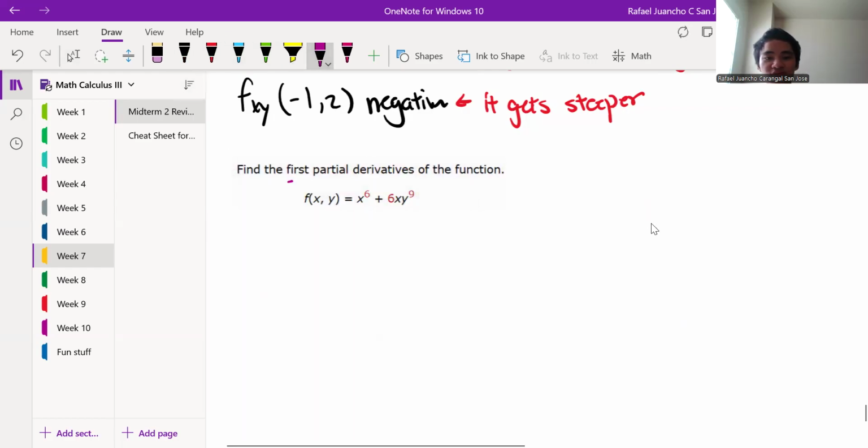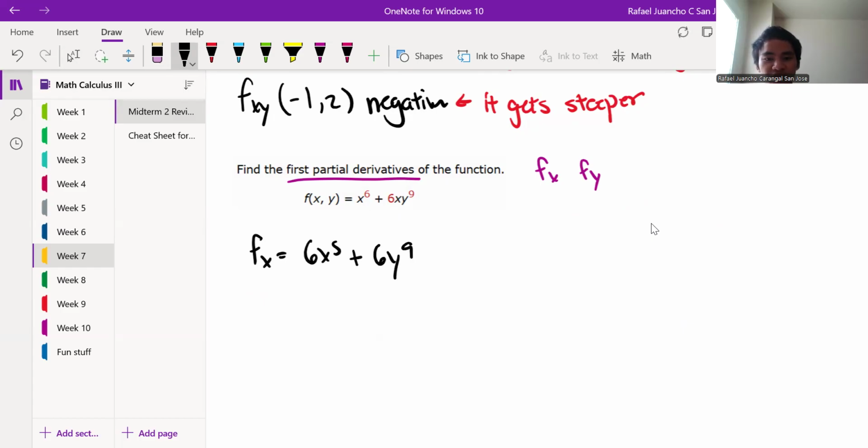So what this is saying is, it's basically f sub x and f sub y. So for f sub x, we're treating x as the variable. This becomes 6x to the 5th. This becomes 6y to the 9th. Then we have f sub y. Here we're treating x as some constant.